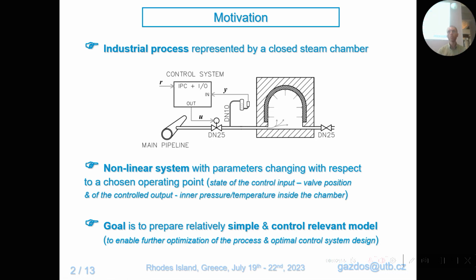Our goal was to prepare a relatively simple control relevant model for this process, which could be further used for control design purposes and control tuning purposes, and optimization of the whole process.